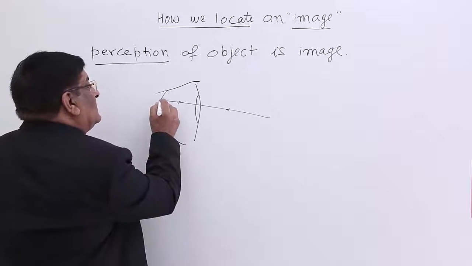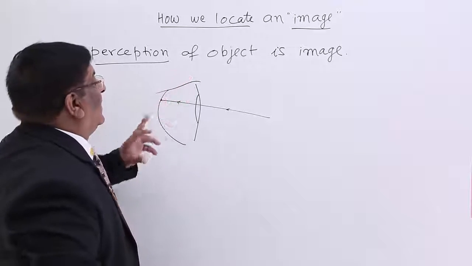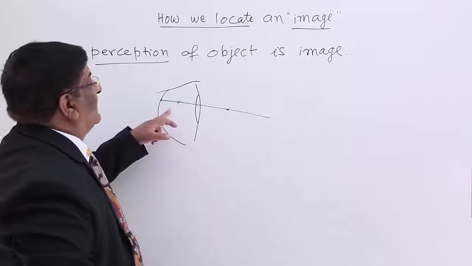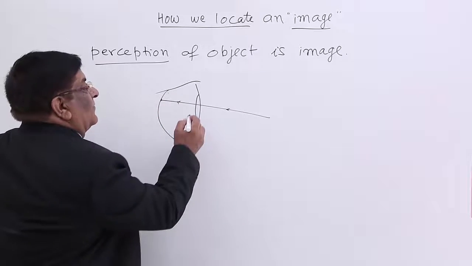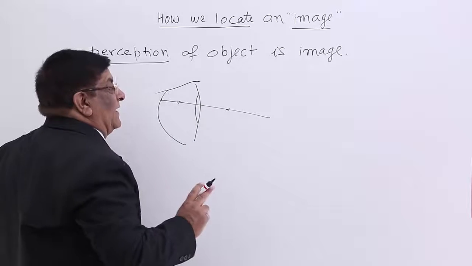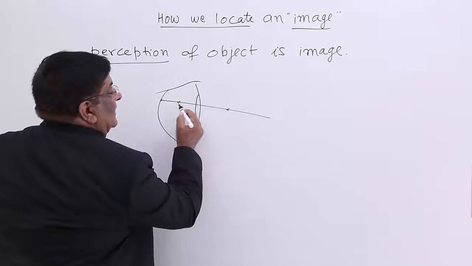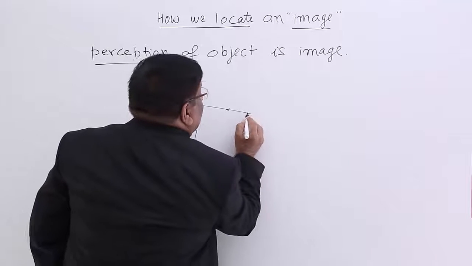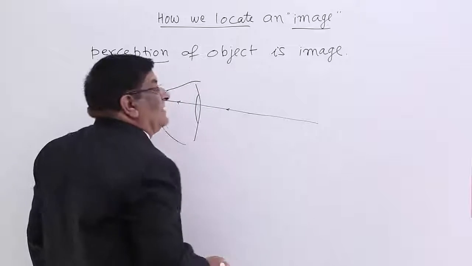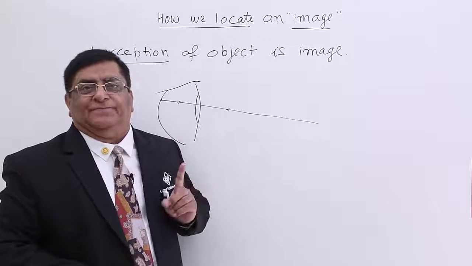So, here is the yellow spot. I move my eyeball, and when it is set like this, so that from this lens the light is going here, then I can make out that the direction of light is here. And with that, the signal goes to my brain that light is coming from this direction.